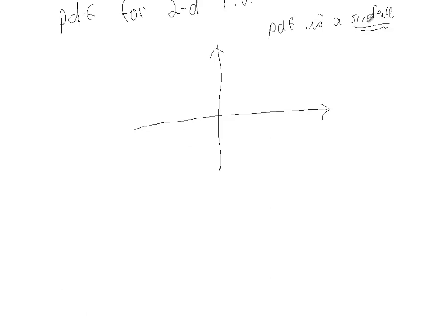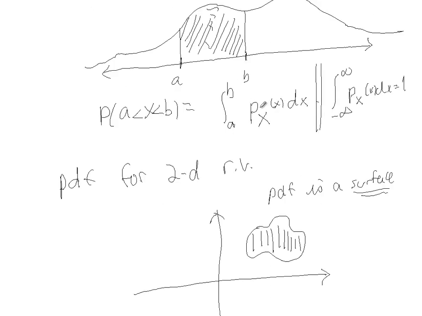So the PDF is a surface, and how do we get probabilities from the PDF? Well, suppose I want the probability that my random variable X is in this area. So I'm going to find the probability by integration the same way.